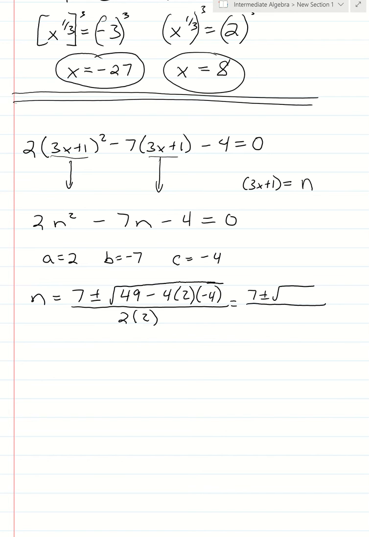If we simplify by taking 49 minus 4 times 2 times the negative 4, we get 81. Over, in the denominator, 2 times 2, or simply 4. In which case now n is going to equal 7 plus or minus, if we take the square root of 81, we get 9 over 4. So of course now n equals 7 plus 9 over 4, as well as n equals 7 minus 9 over 4. Well, let's simplify what we can.